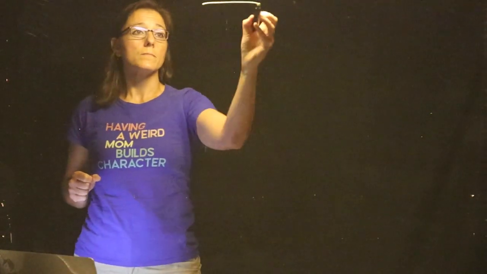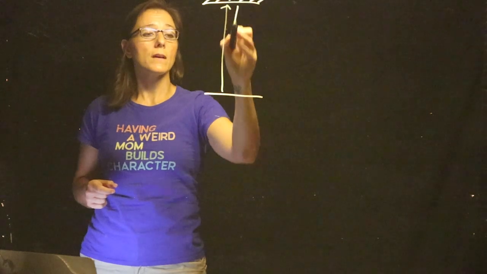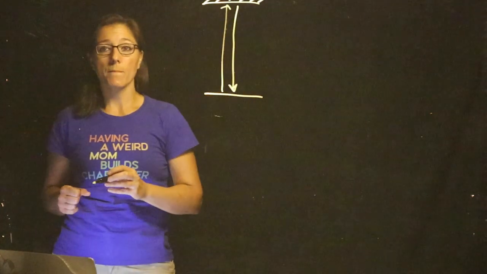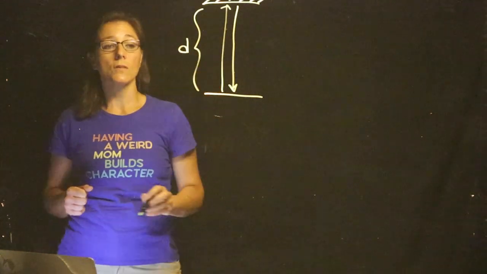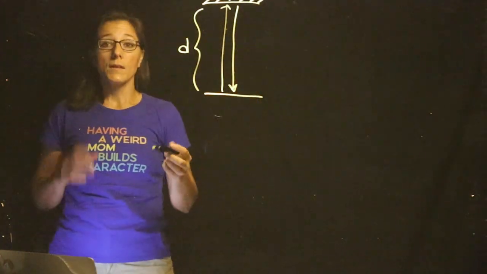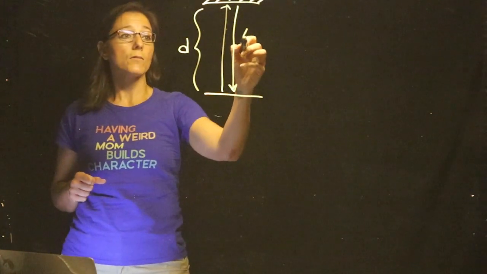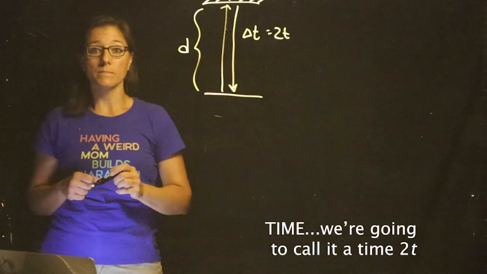So let's talk about what this time is relative means. Suppose you're in a stationary vehicle. You have a mirror on one side, a reflective surface, and you're going to shine light across the vehicle and back to yourself. The time it takes for this light to travel a distance 2D, so there and back again, we're going to call it 2T.